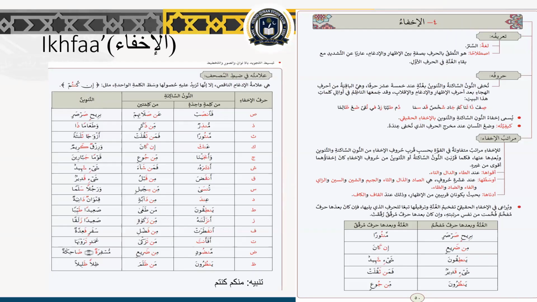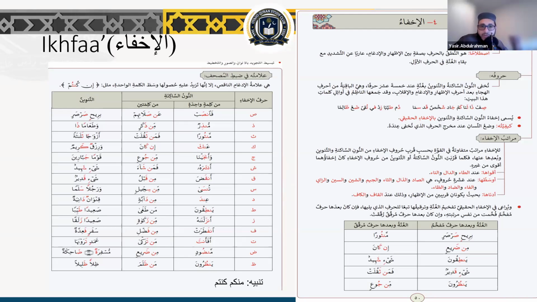Just one quick question. Yes, brother. How long should the nasalization be? Jazakallah khair. That's a very good question. Obviously there's a subject on it after the ikhfa, but we have four levels of ghunna, and these have to be consistent across all of your recitation.